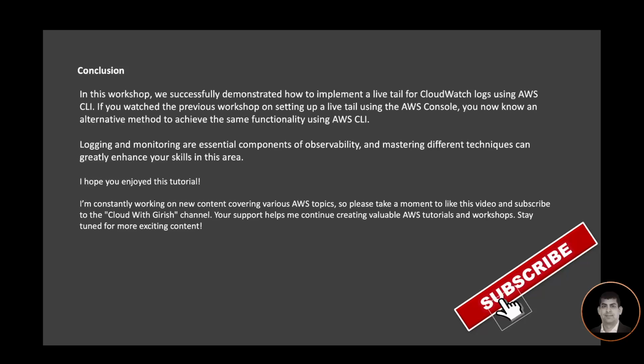Logging and monitoring are essential components of observability, and mastering different techniques can greatly enhance your skill in this area. So now you can see how you can set it up through the console, or you can use the Python Boto3 SDK, or you can even use AWS CLI. Different techniques, similar end result. Basically, you are monitoring the live tail.